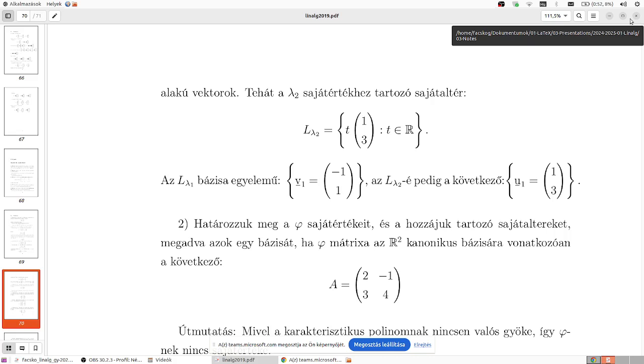The second one: this is the only difference, but this changes everything. So the only difference in the matrix is the sign.